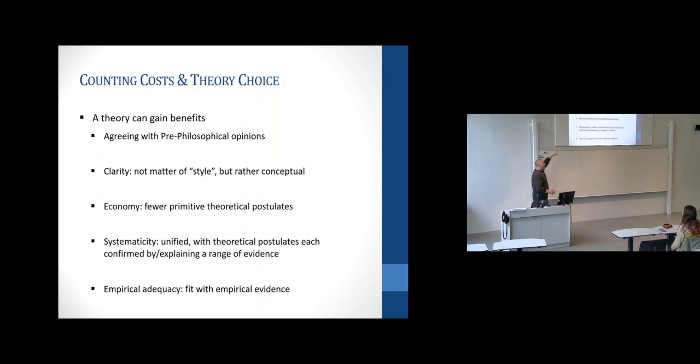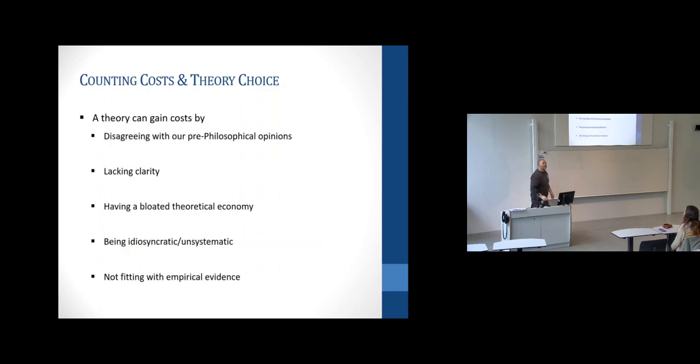It's worth noting, I put it in terms of a theory. This could be a philosophical theory, this could be a scientific theory, this could be any kind of theory you like. So these are ways to gain benefits. Costs. You gain cost, unsurprisingly.